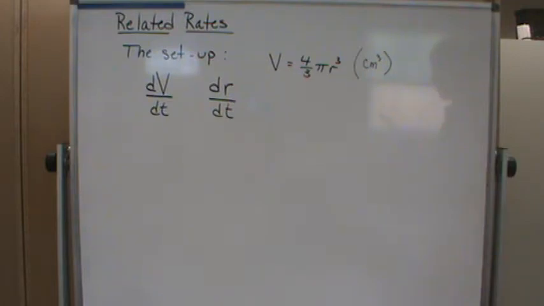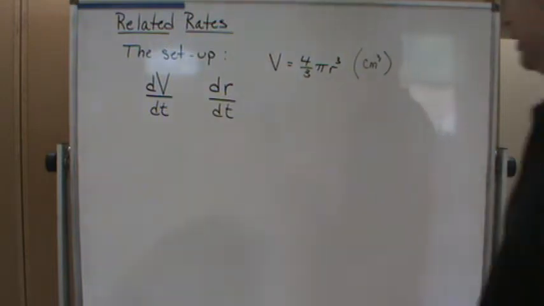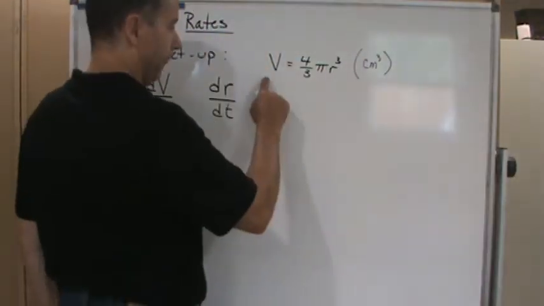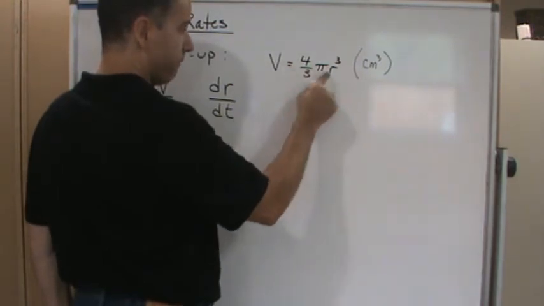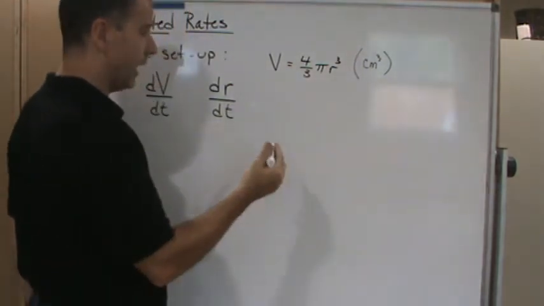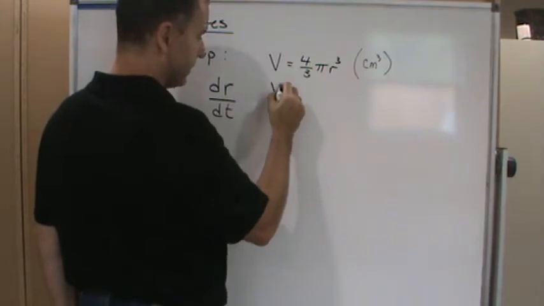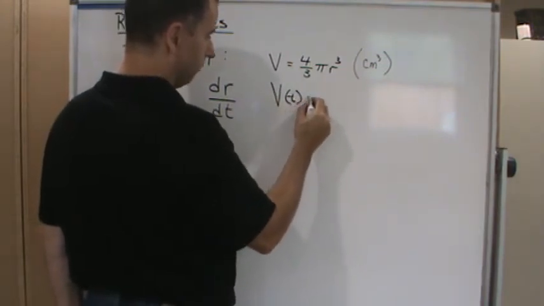Now, since the balloon is being filled with air, both the volume and the radius are functions of time. That makes sense. Therefore, t seconds after you start filling the balloon with air, the volume of the balloon is going to be what? Since these variables are functions of time, we would write this as a function.